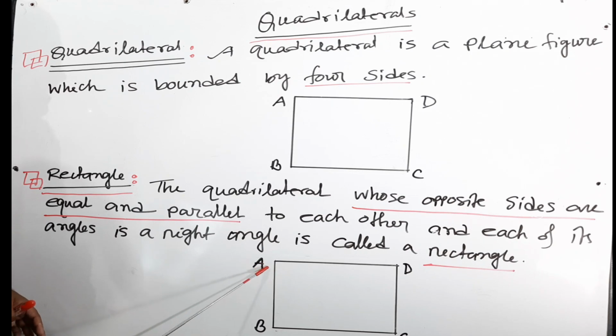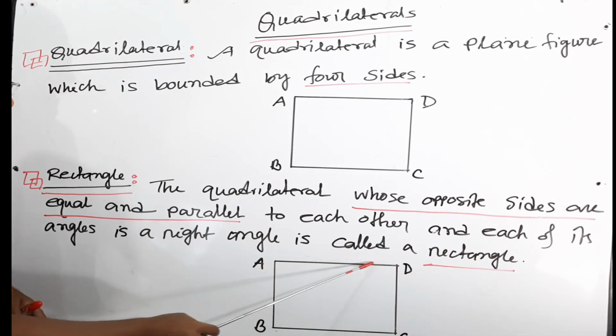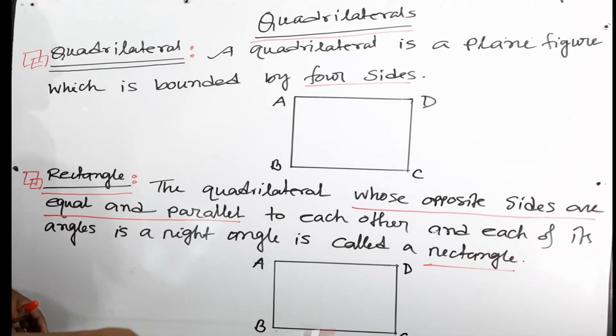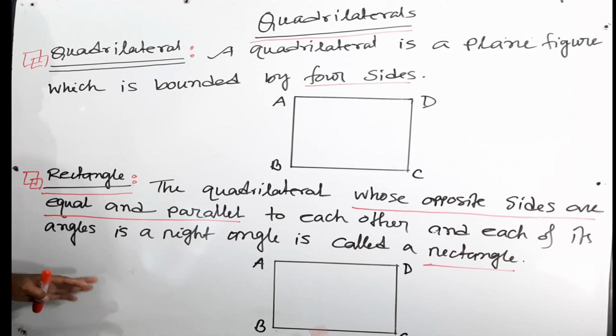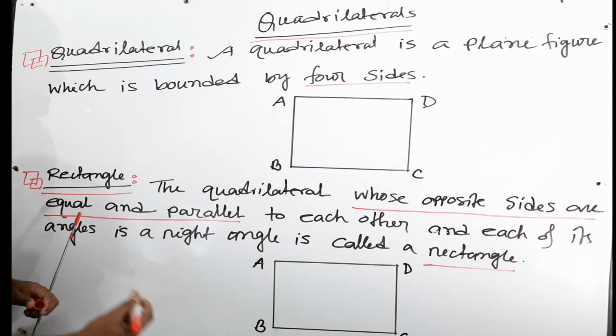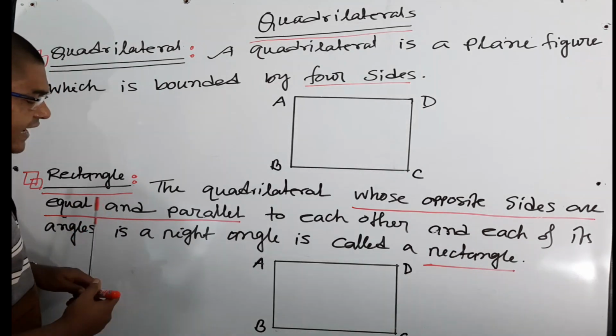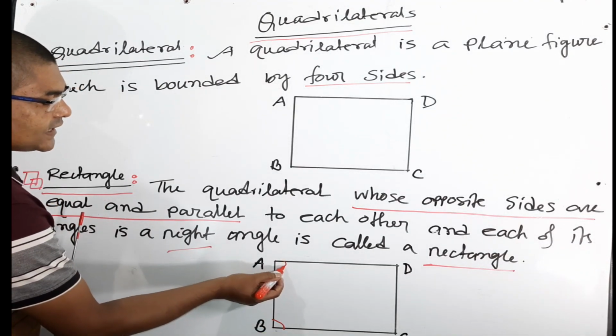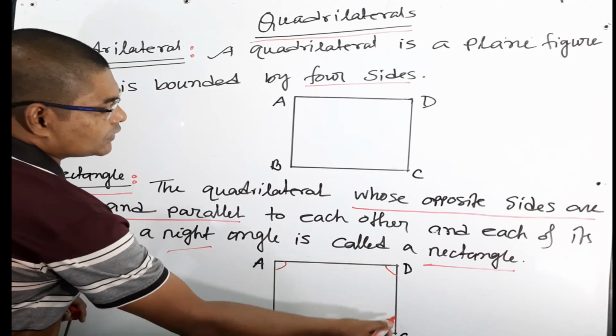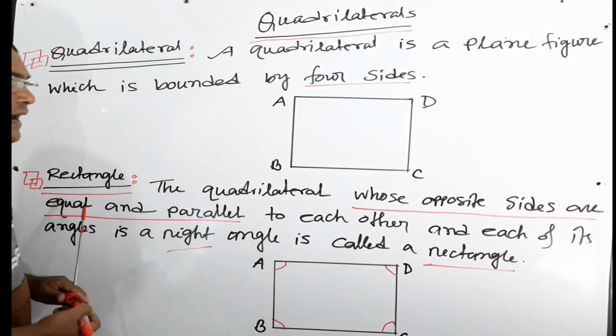AB equals DC and AD equals BC. Opposite sides are equal and parallel to each other, and all angles are 90 degrees. That means right angle. So this angle equals a right angle, this angle equals a right angle, this angle equals a right angle, this angle equals a right angle.